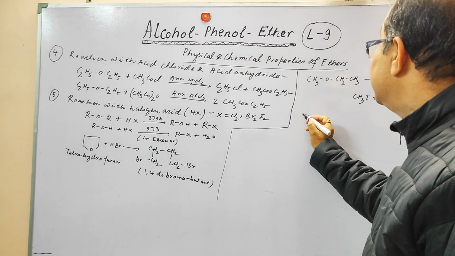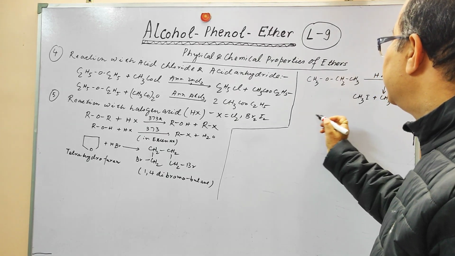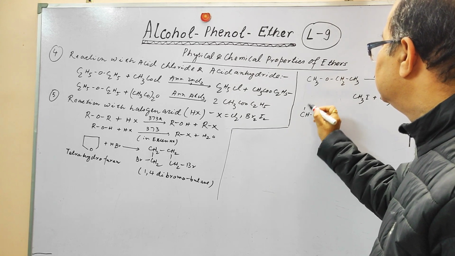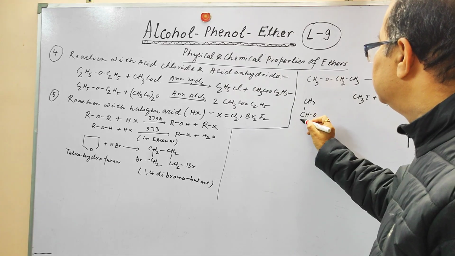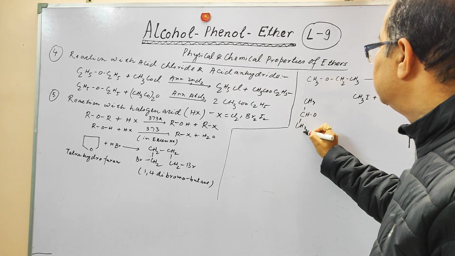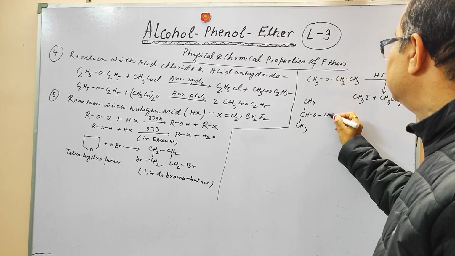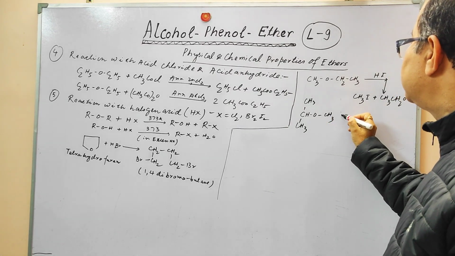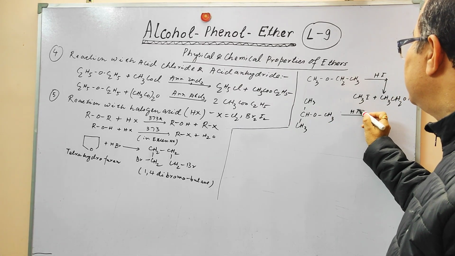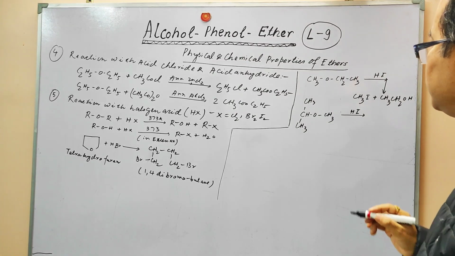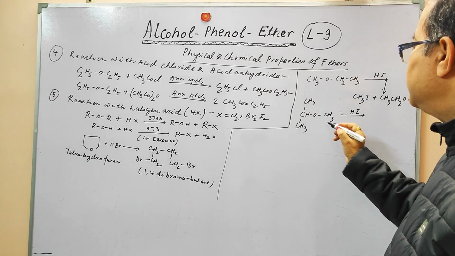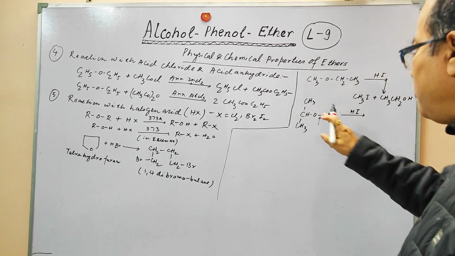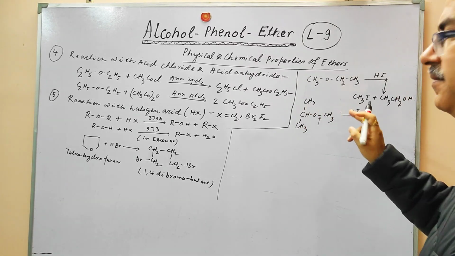For example, suppose you are taking another ether. When this is reacted, here also the reaction goes on in the SN2 mechanism, and this C-O bond will break.